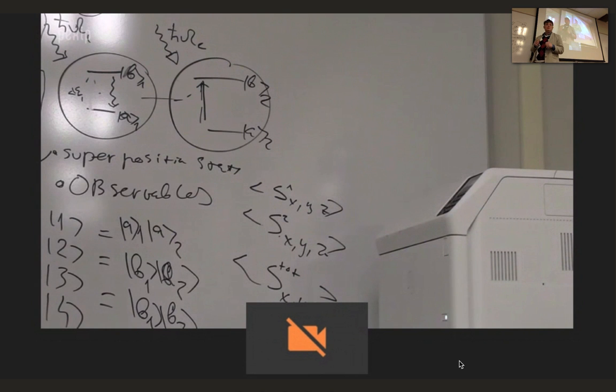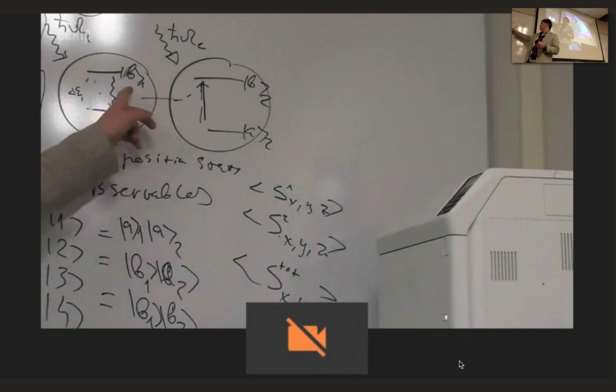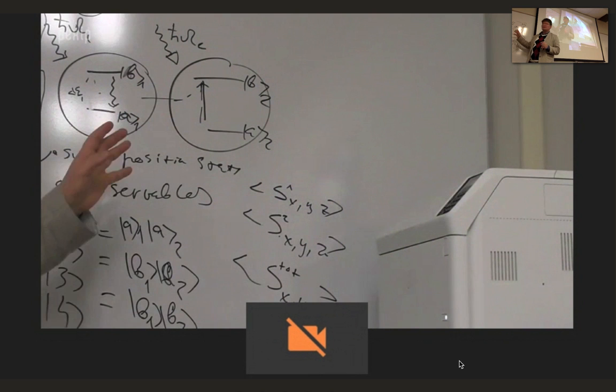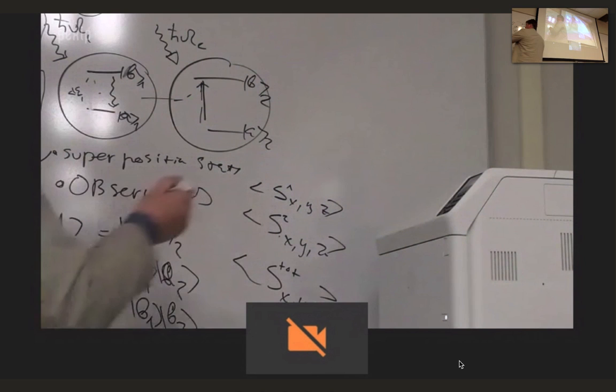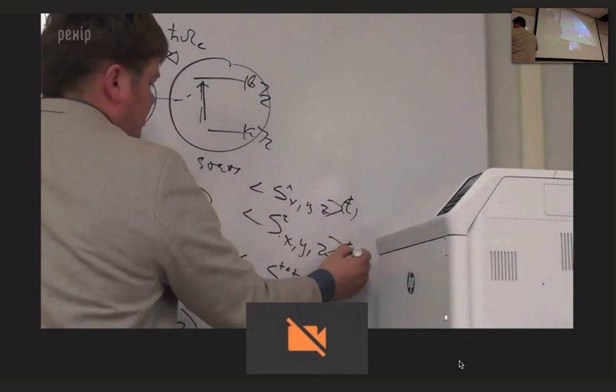Make sense? More or less? So I suggest that we specify the interaction by some constant and then follow the dynamics of these expectation values over time.